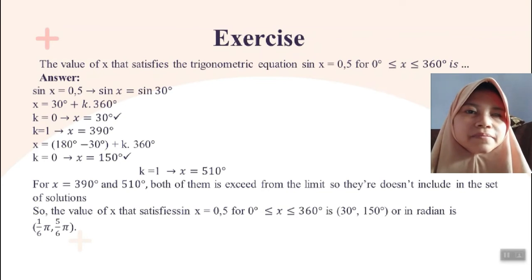Answer: sin x equal to 0.5, so sin x equal to sin 30 degrees. x equal to 30 degrees plus k multiplied by 360 degrees. For k equal to 0, x equal to 30 degrees.